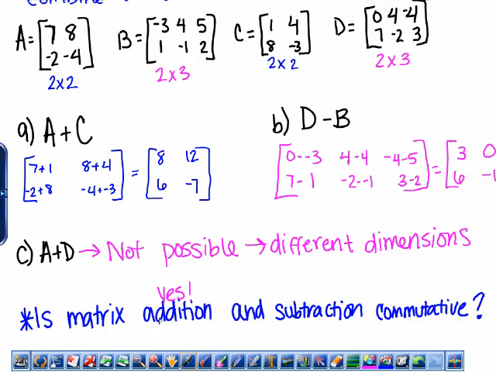Do you think subtraction is commutative? No. Commutative means that A plus B is equal to B plus A. So addition is, but subtraction is not. Okay?